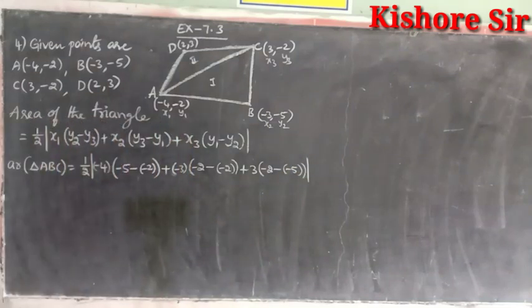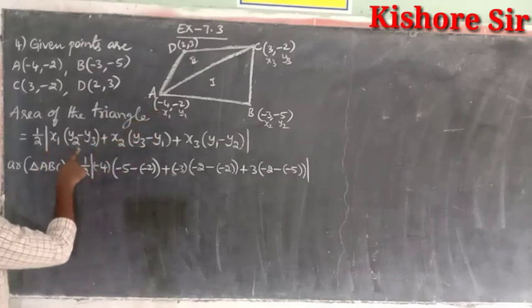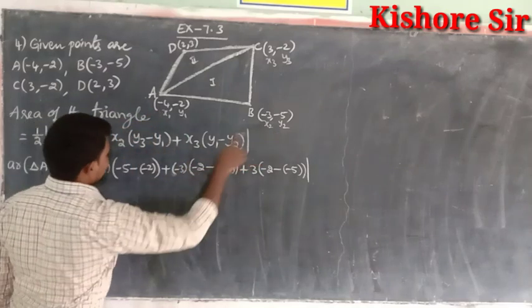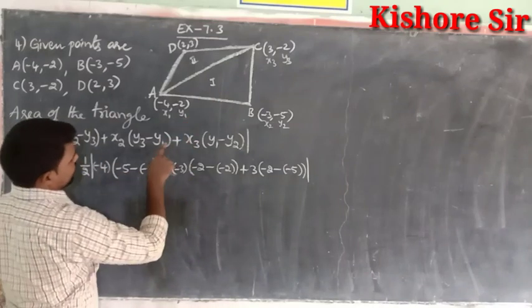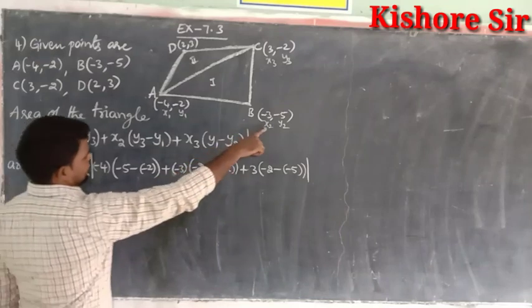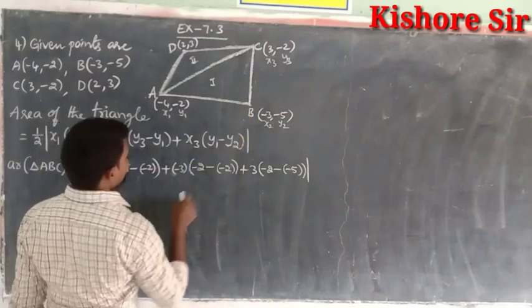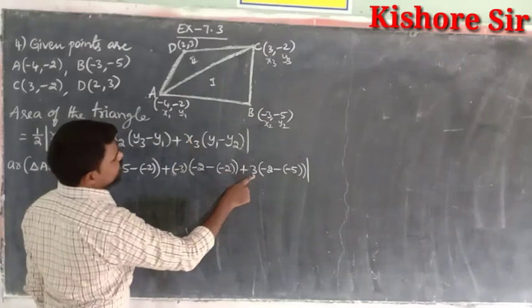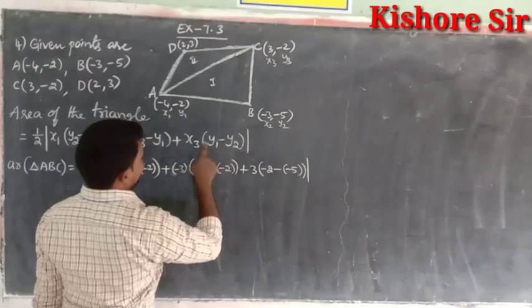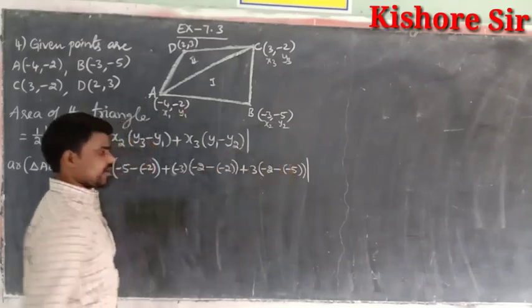Okay, check once again: 1 by 2 modulus of -4(-5 - (-2)) + (-3)(-2 - (-2)) + 3(-2 - (-5)).